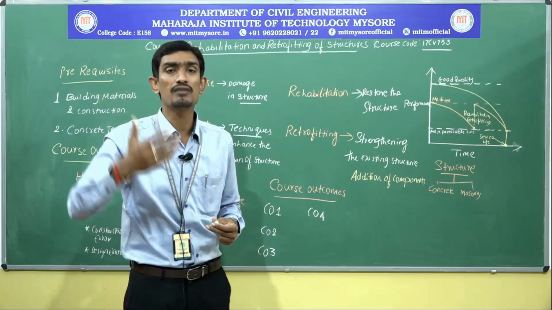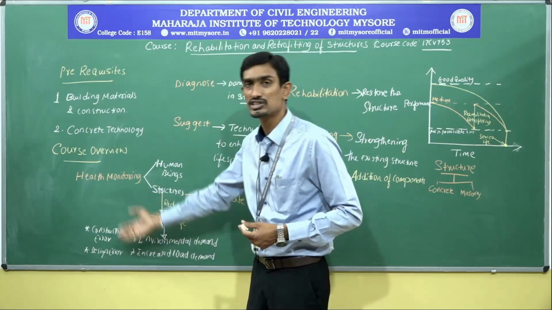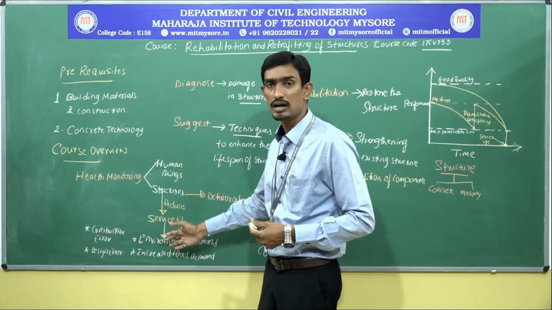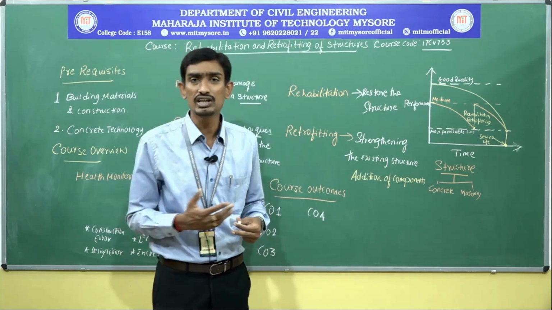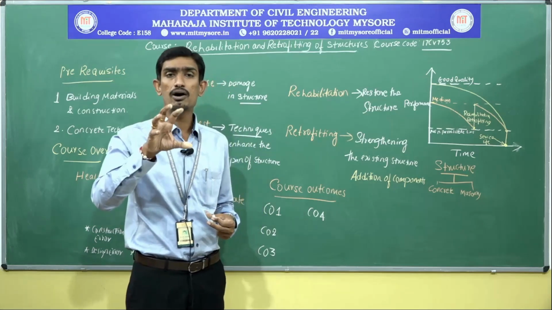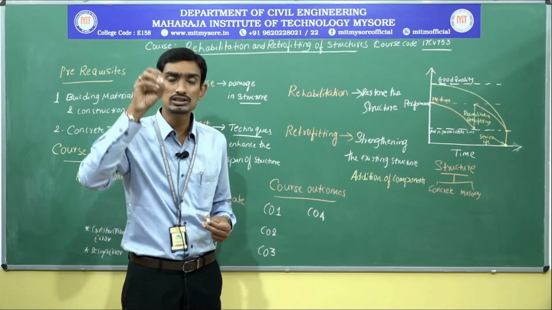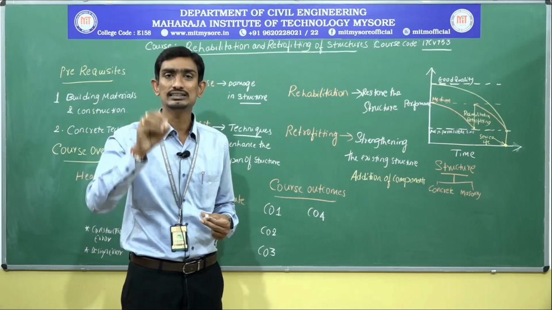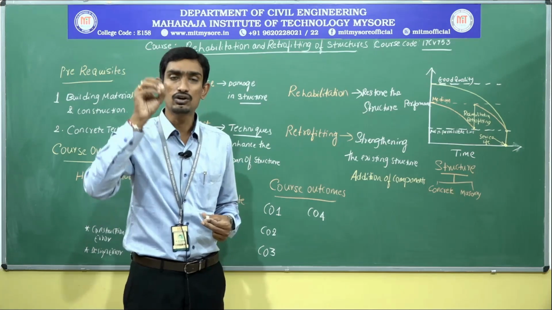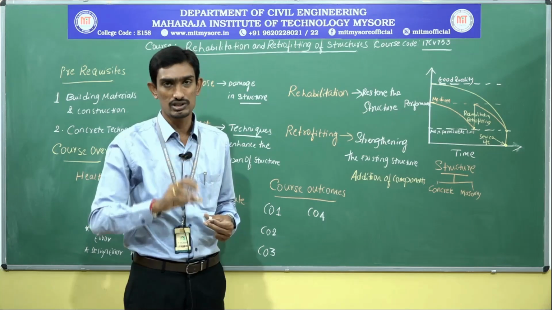It will be n number of distresses, n types of deterioration. As I stated, it may be construction, design, or environmental damages. It may be due to load variations. Lots of things will come. So depending upon the extent of damage and the causes of deterioration, we need to choose the ideal repair material or retrofitting material to enhance the lifespan of a structure.